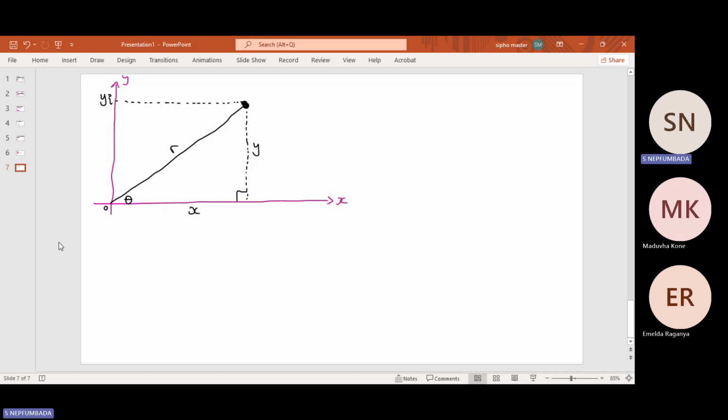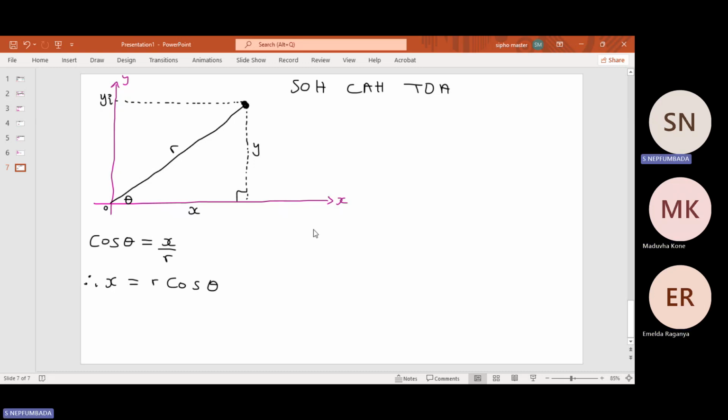Now, we know from trigonometry that cos of angle theta equals adjacent over hypotenuse, using SOHCAHTOA. Let's make x the subject of the formula. Therefore our x is going to be equal to r cos theta. Are we fine? Yes.